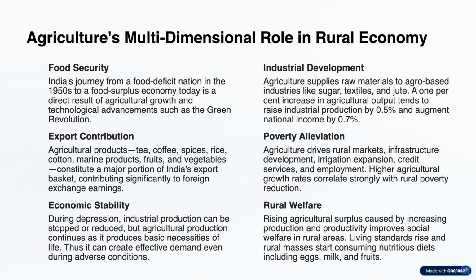So, next is improving rural welfare. It is well known that the rural economy basically depends on agriculture and allied occupations in an underdeveloped country. The rising agricultural surplus caused by increasing agricultural production and productivity tends to improve social welfare, particularly in rural areas.